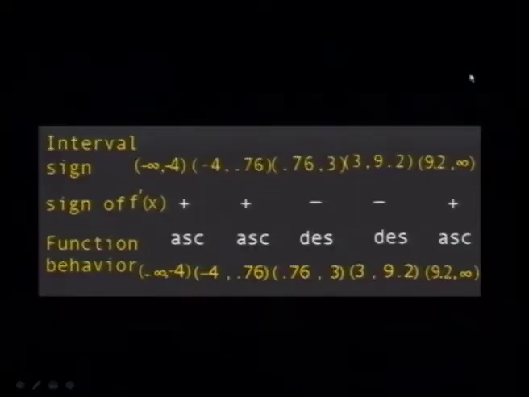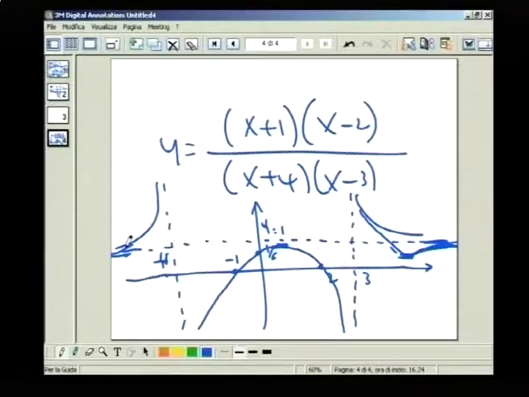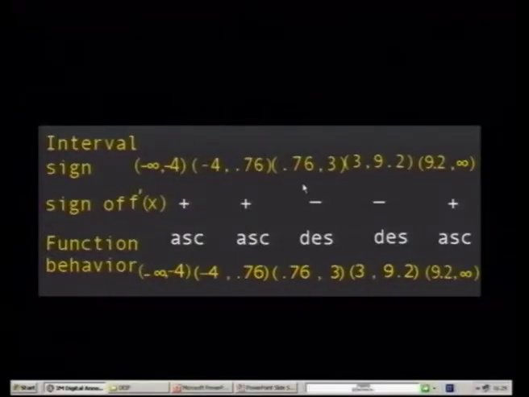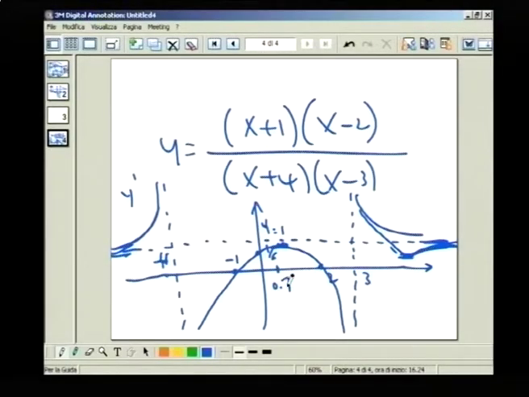You see directly here that the curve ascends in the first interval and ascends too in the second interval. And here you find it on the graph: y dash is positive here, and again it's positive here. In other words, it's ascending here and ascending here. And then again, it descends after the point 0.76, which means that the point 0.76 is a local maximum, because y dash is positive here and negative here.